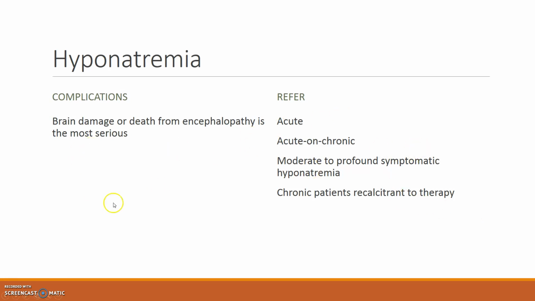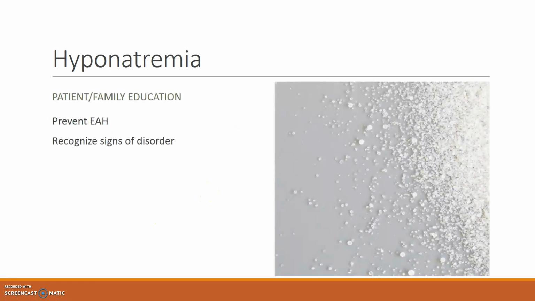I don't know that I was taught to take this as seriously as it is. Matter of fact, I know I wasn't. And the more I work and gain knowledge and experience, the more I recognize that this electrolyte disorder shouldn't be missed.